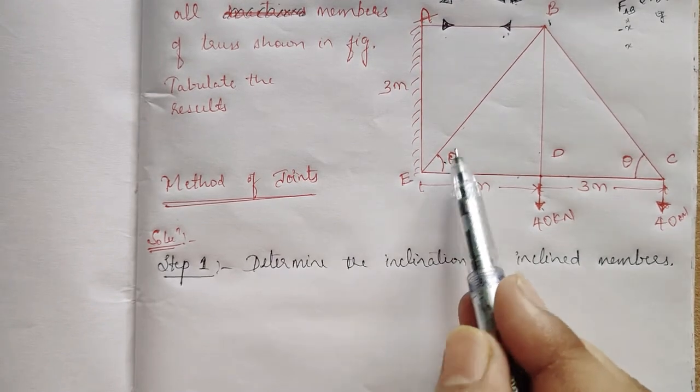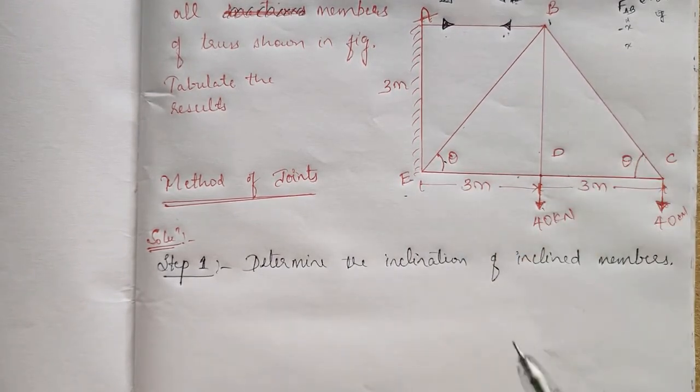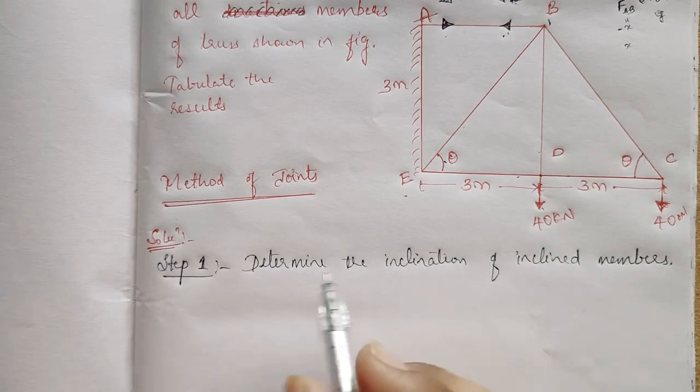In this case, what are the inclined members? EB and CB are the inclined members, so both are the same.